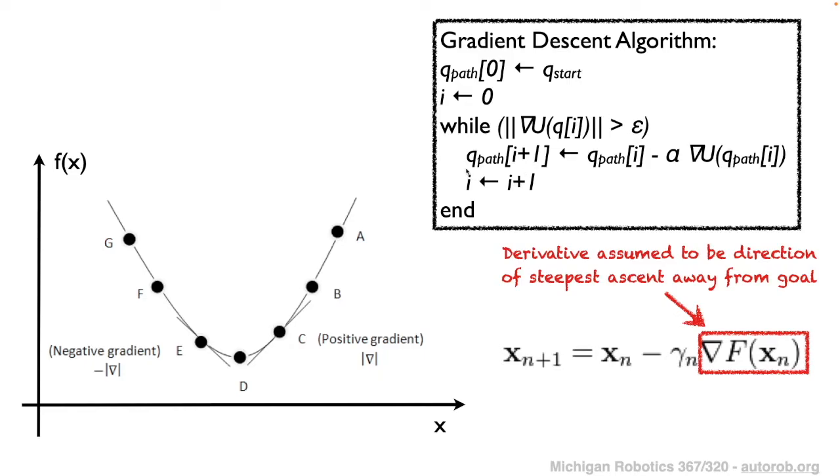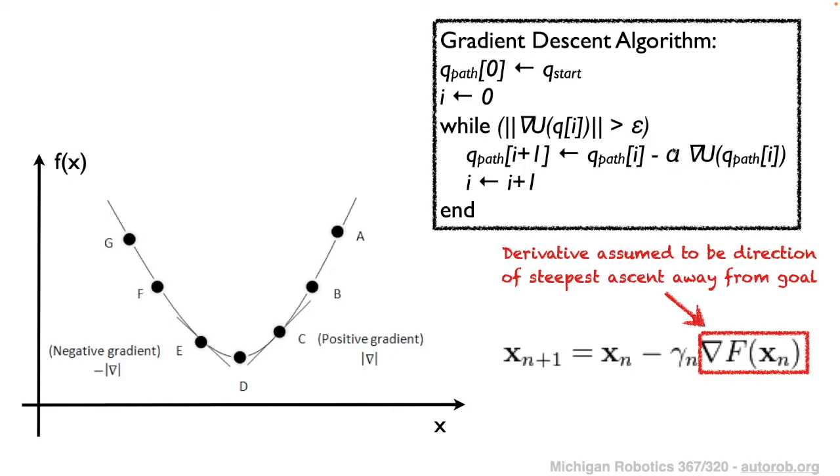So within this while loop, as long as we have not reached a portion of the potential field where the gradient is very, very small, so as long as the size of our gradient is above some set threshold, we're going to update our current configuration by taking our current configuration and moving in the negative direction of the gradient at the current configuration.